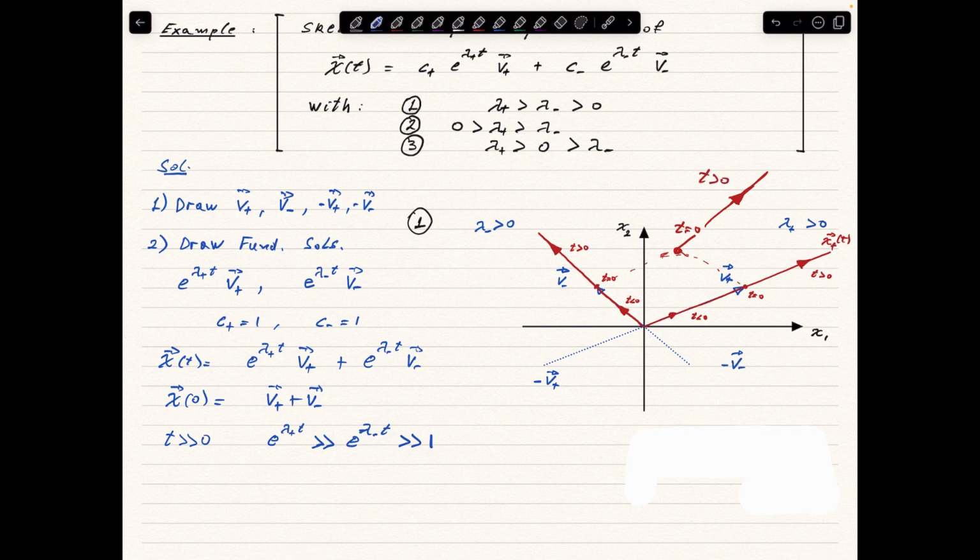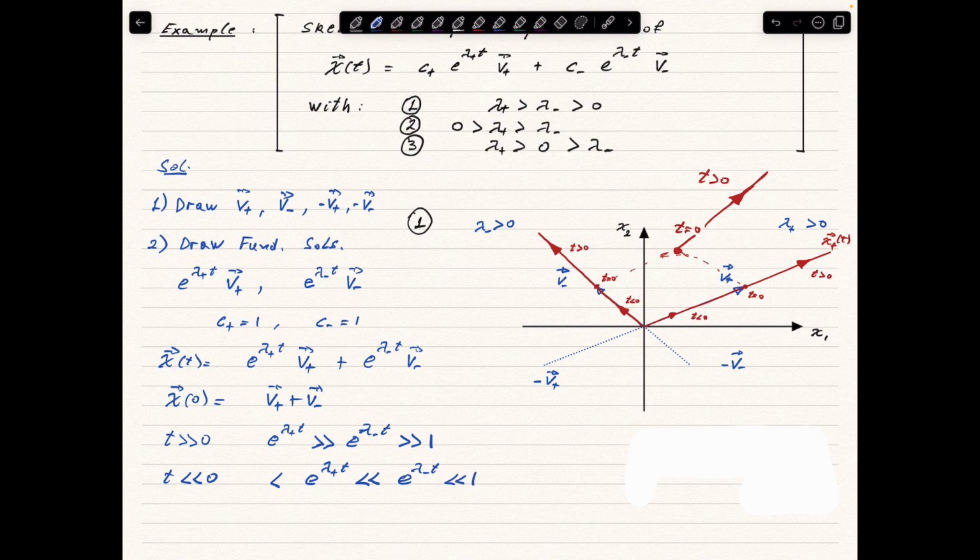What happens when t is much less than 0? Well, now we are going to have a negative number here and a big number there, a negative number and a smaller number here. So although they are going to be bigger than 0, the exponential lambda plus t now is going to be much less than the exponential lambda minus t, which is going to be much less than 1.